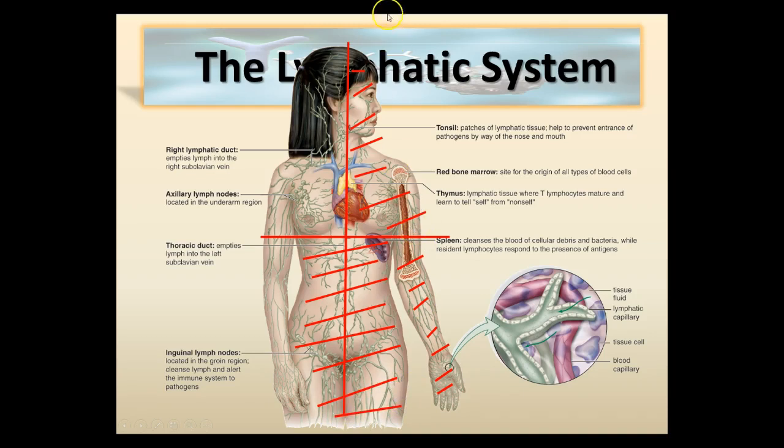Let's change our color here. The red is the drainage system for the thoracic duct. Now the right lymphatic duct is going to drain everything that we see here in blue: the right half of the body above the diaphragm, and that's all, but it is going to include the arm.